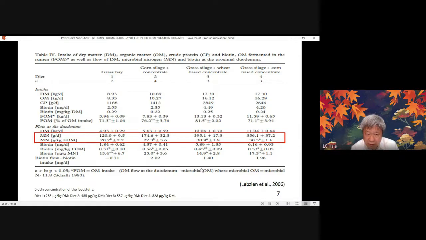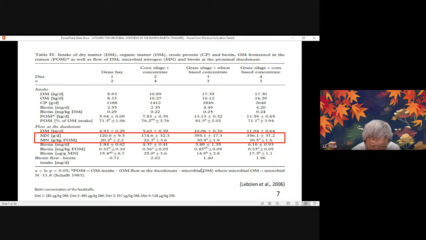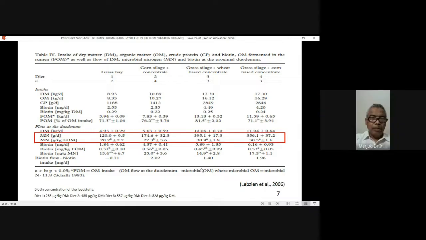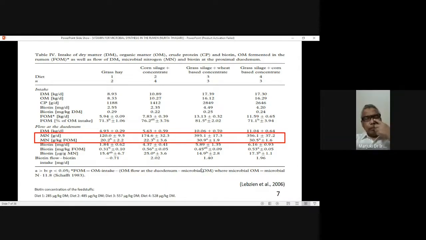It's nothing to do with biotin, and the biotin will cause this kind of difference in the next one or a milligram. So I have the same question about this, because MN is nothing to do with biotin. Is that right?